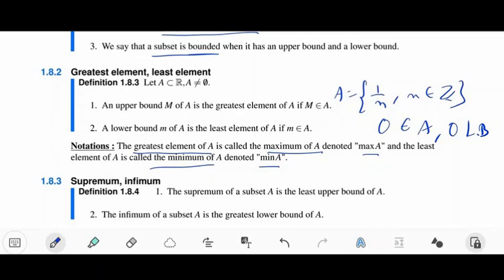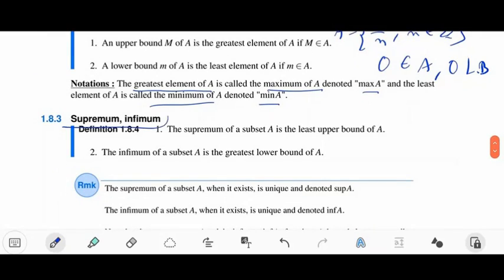This is where we introduce the supremum and the infimum. What's the supremum? The supremum is the least upper bound, and the infimum is the greatest lower bound. So we have three things now: the upper bound, the maximum, and the supremum. And from the other side, we have the lower bound, the infimum, and the least element.